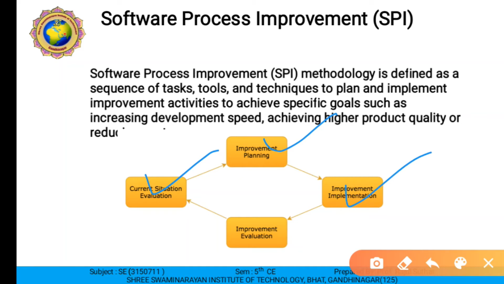Then improvement implementation. In this step, the planned activities are executed, the improvement is put into practice and spread across the organization. The second, third and fourth steps, planning and implementation, can be effective in an iterative way.